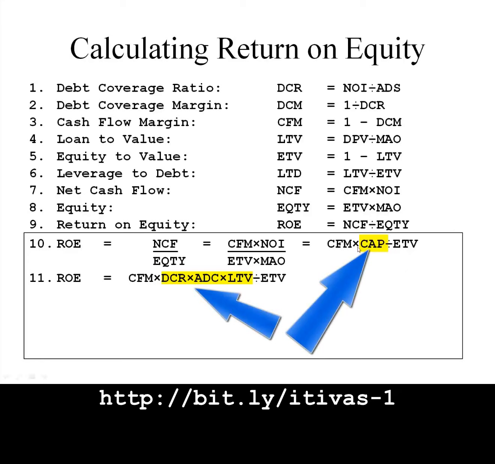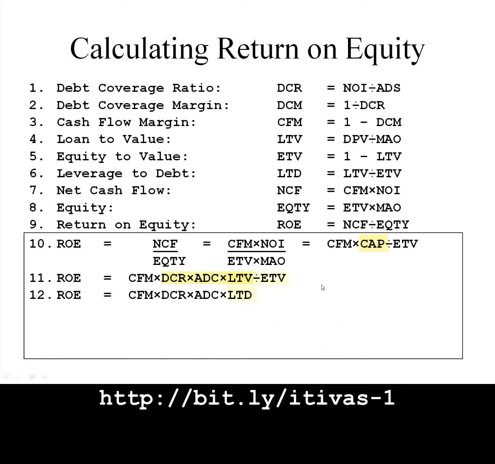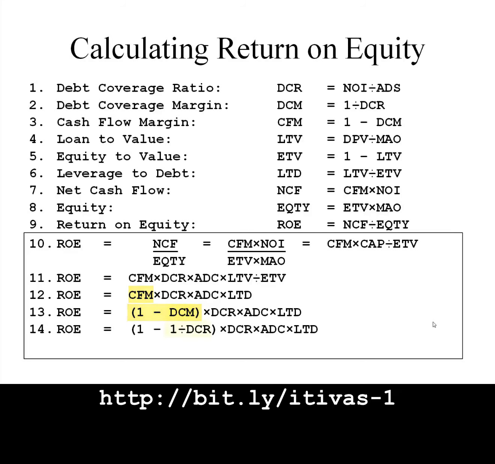You can see here that the cap rate equation has been substituted. Next, we then substitute for LTV divided by ETV the leverage to debt. Now we substitute for the cash flow margin the quantity 1 minus DCM, and then we substitute for DCM the value 1 divided by DCR.